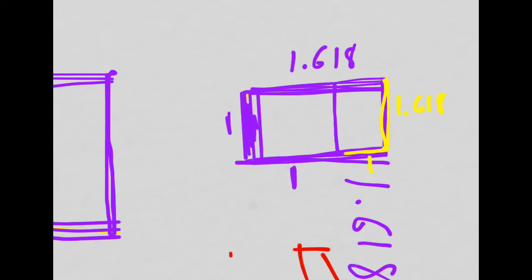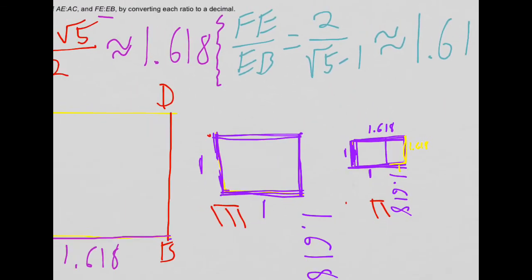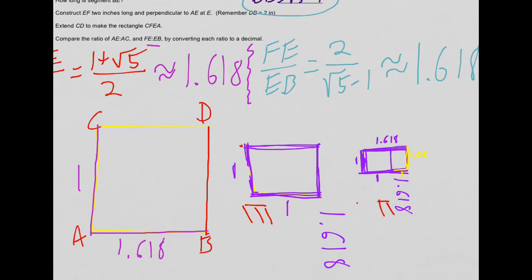So you see that no matter how many times I cut off this rectangle, this new smaller rectangle I've made by cutting off this square part, it's always going to be a ratio of 1.618 to 1. And that's the golden rectangle.